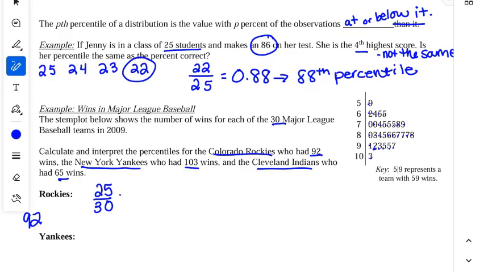So that's how I got it. But I went the opposite way and just took 30 and did 1, 2, 3, 4, 5, 30 minus 5. So that is 0.83. So the Rockies are an 83rd percentile.